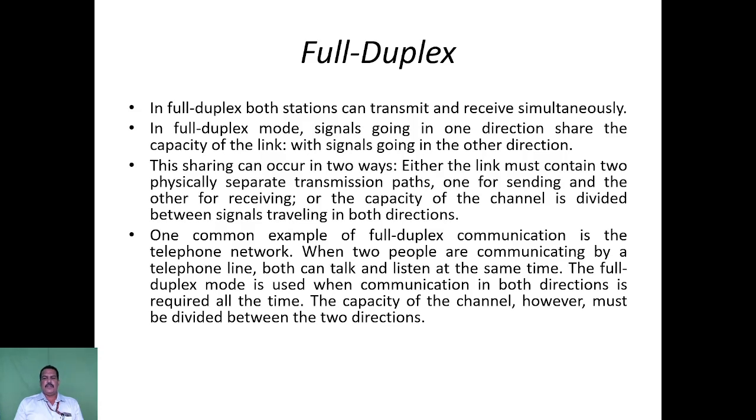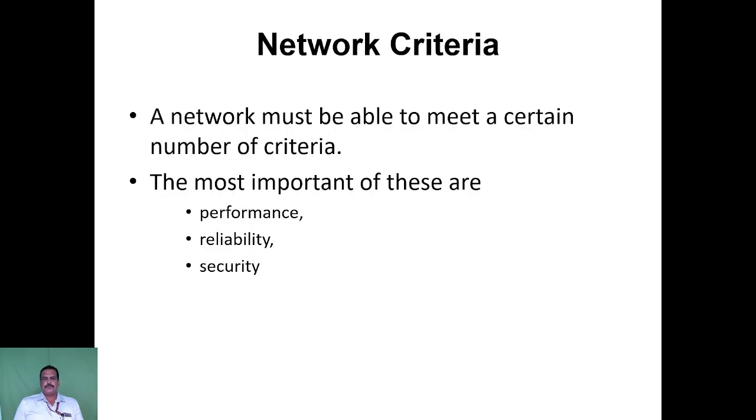When two people are communicating by a telephone line, both can talk and listen at the same time. The full duplex mode is used when communication in both directions is required all the time. The capacity of the channel, however, must be divided between the two directions. This is called full duplex mode.